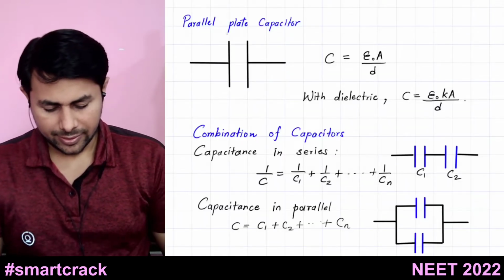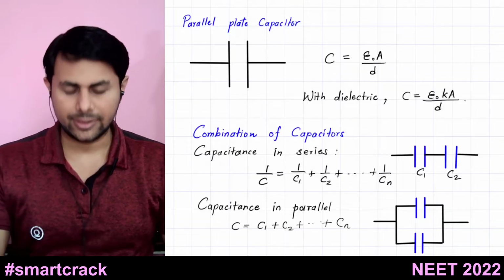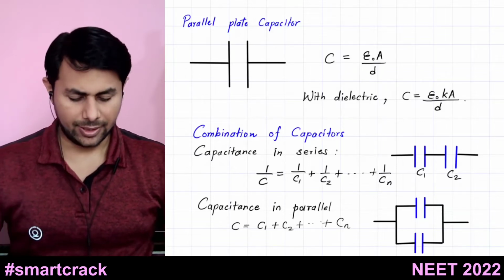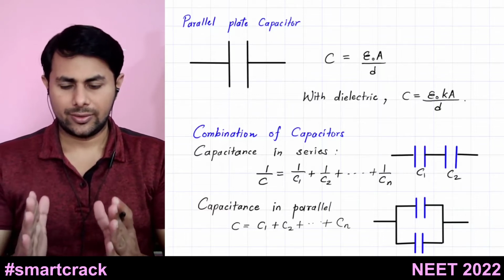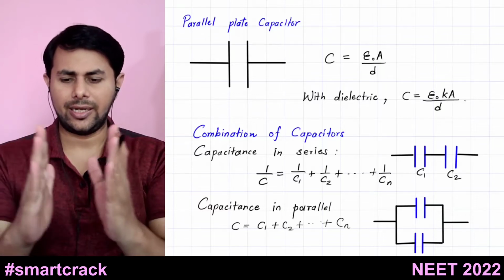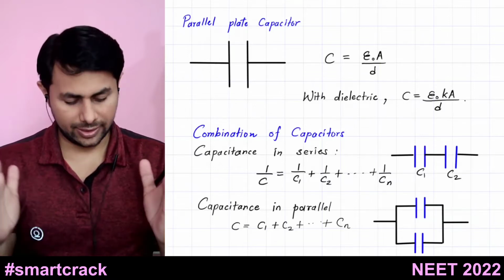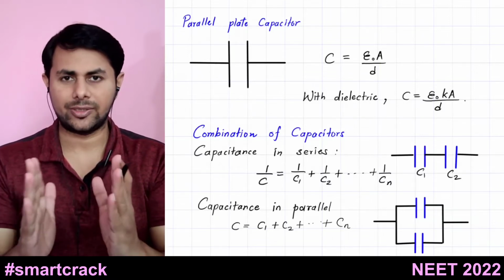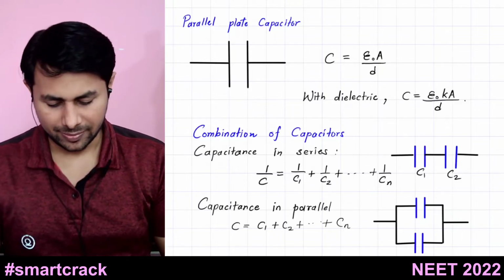After that, next is the parallel plate capacitor. So what is a parallel plate capacitor? If you have two metal plates kept at some distance, let's say d, from one another, that system is known as a parallel plate capacitor.